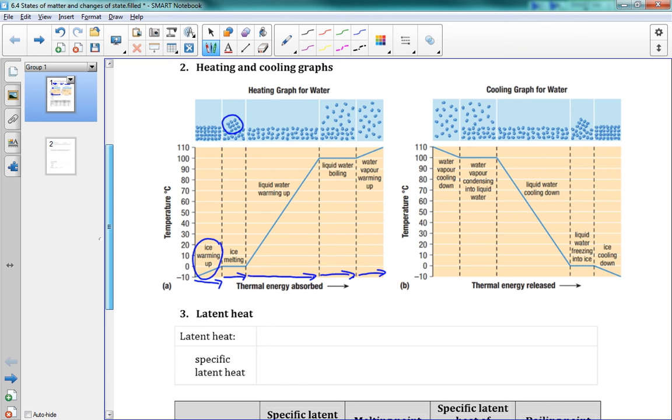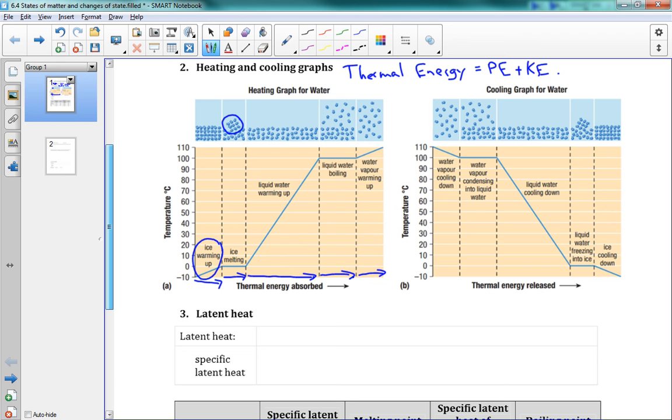And I guess the important idea here is that temperature isn't the only thing that changes when we put in energy. We can also change the state. And at the top here, I'm going to say that thermal energy is equal to potential energy plus kinetic energy.